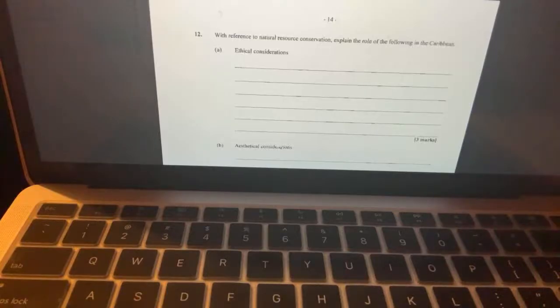But this last part, population studies and natural resources, has some terms that kind of mess you up at times. So spend some time tonight before you go to bed. Ethical considerations versus aesthetical considerations.